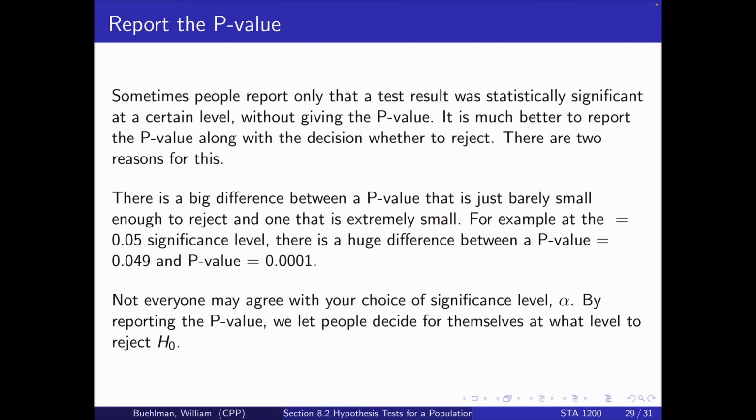For example, at the 0.05 significance level, there's a huge difference between a p-value of 0.049, which is almost right at that significance level, so it's really close, and a p-value of 0.0001. Not everyone may agree with your choice of a significance level alpha. By reporting the p-value, we let people decide for themselves at what level to reject the null hypothesis.